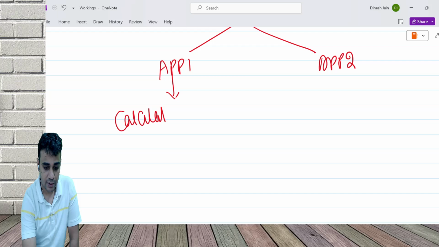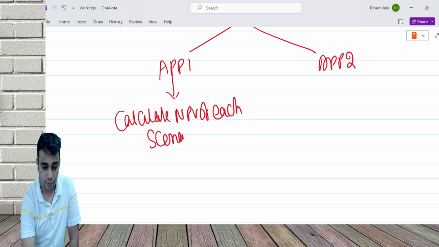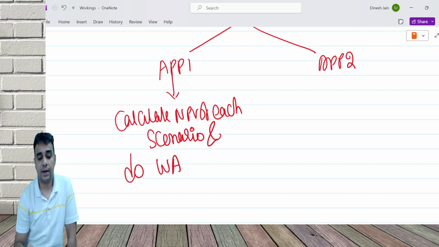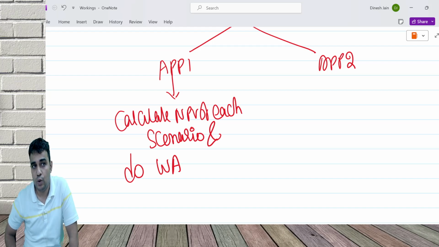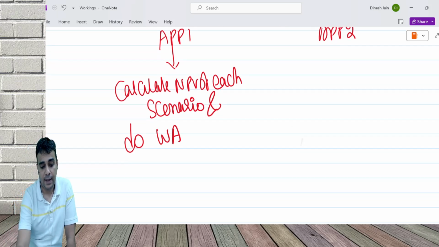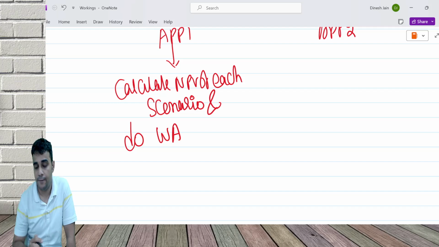Calculate NPV of each scenario and do weighted average.